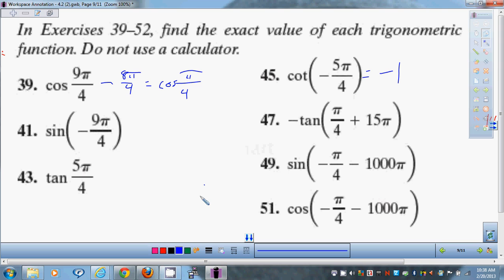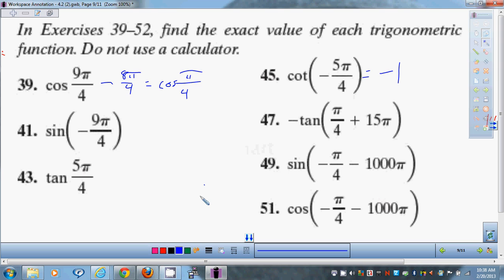So whether this said minus 2 pi, minus 4 pi, minus 6 pi, minus 1,000 pi, this piece right here doesn't change your angle at all. So this is all you would have to do, that part right there. These are pointless because it's just going to take you right back to the same angle.